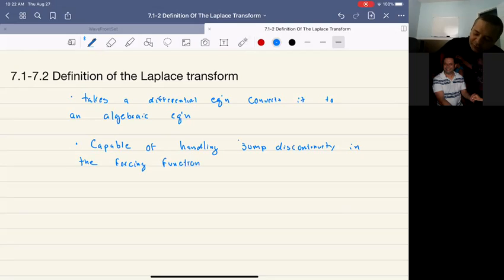We'll talk about what that is, but those are two reasons that we would want to actually do this. So before we go much further, let's get right into doing some Laplace transforms.